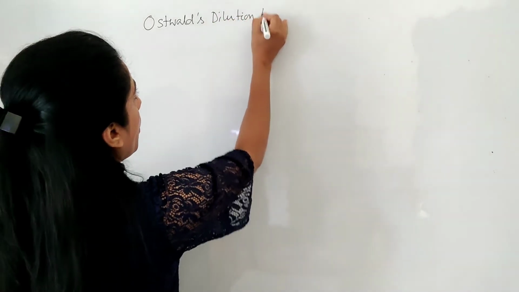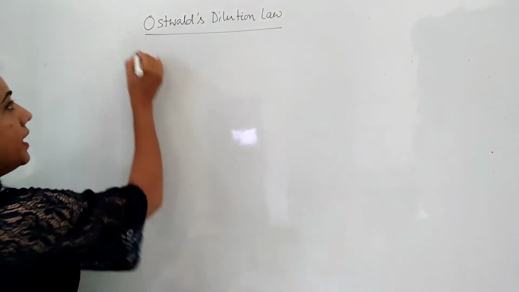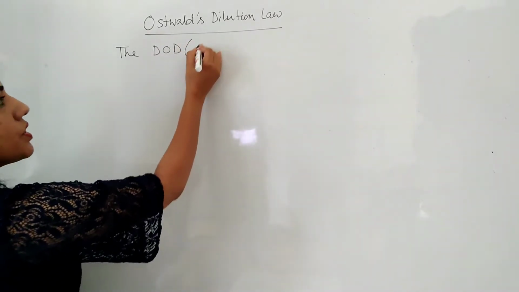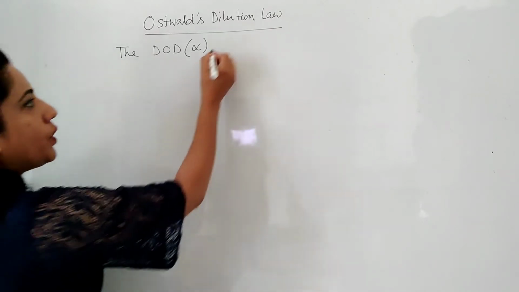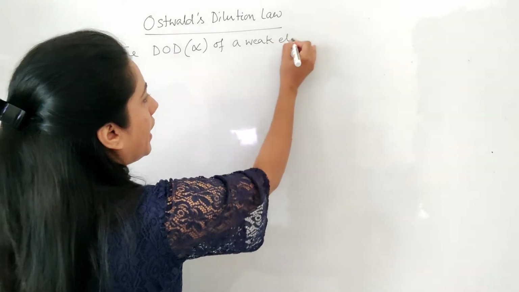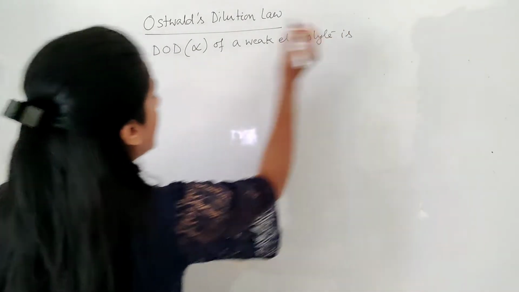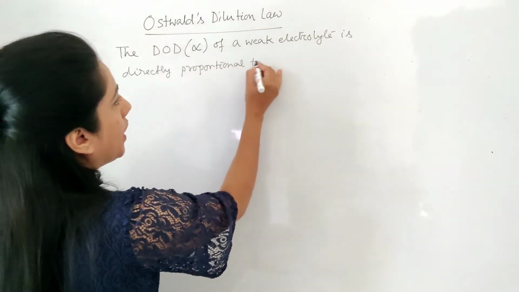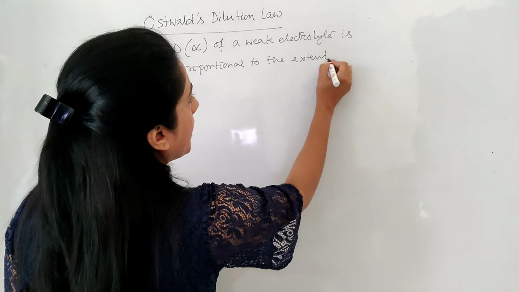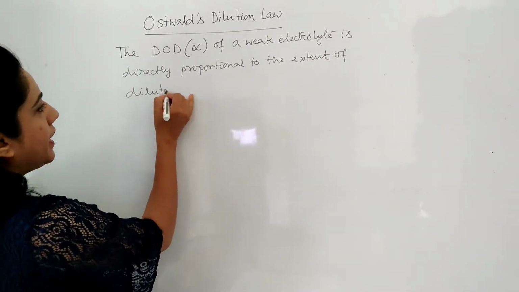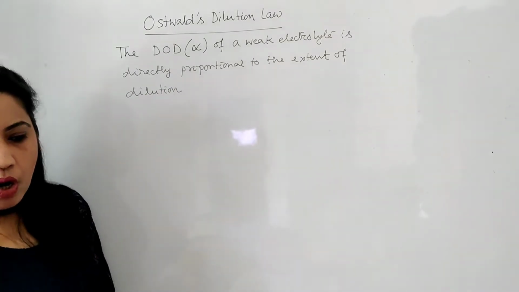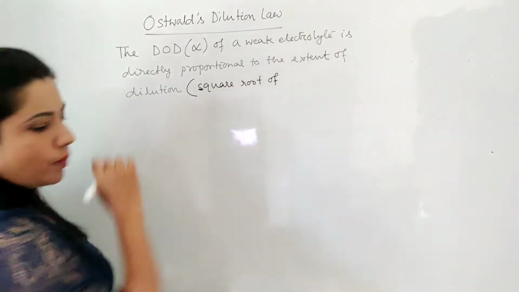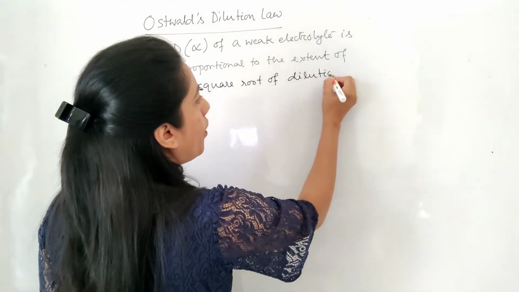The law says that the degree of dissociation, DOD, which is denoted by alpha, of a weak electrolyte is directly proportional to the extent of dilution, or you can also write it is directly proportional to the square root of dilution. So now what do you understand by this?